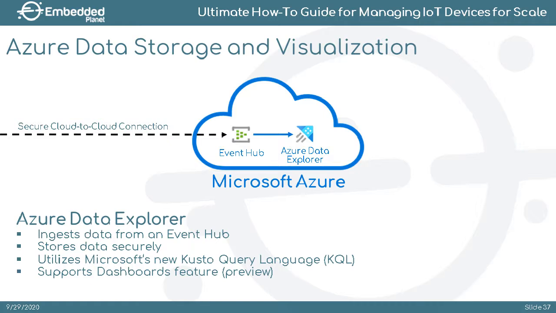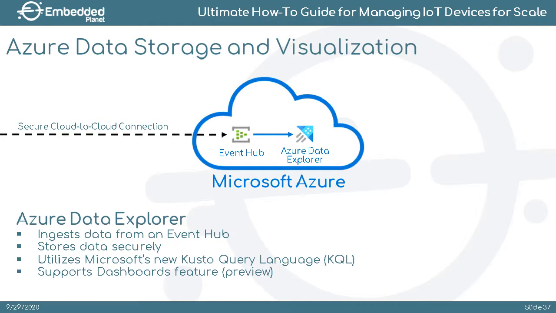So from the Azure side, the Event Hub receives these messages. The device I have set up right now sends a new reading every 90 seconds, I believe. So every 90 seconds, a packet comes in from OneEdge into my Event Hub. And from there, I'm using a tool from Azure called the Data Explorer. And it's able to ingest the data coming from Event Hub.